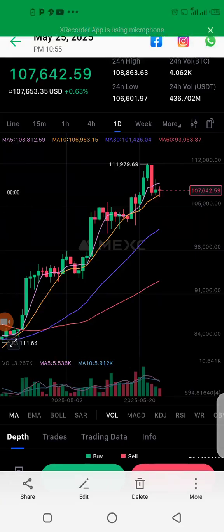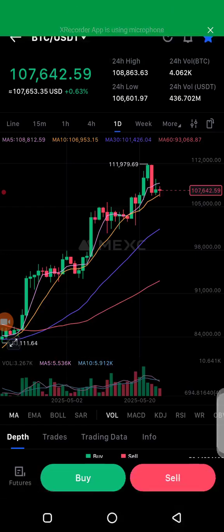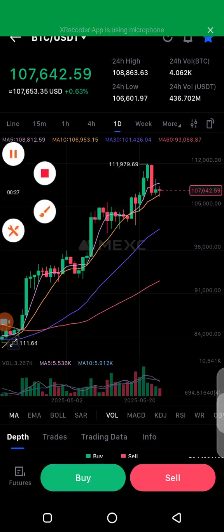Okay, so for instance, let's assume we are using this particular chart that is being displayed before us, which is the BTC chart, BTC USDT. Now you can see from the overall perspective of the market, of this chart, it indicates a bullish trend because we are having higher highs and higher lows, which is particularly what you are seeing.